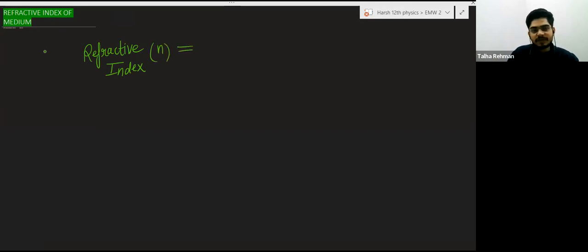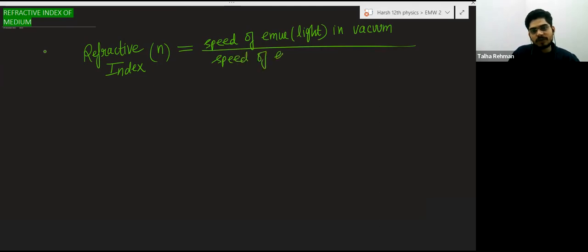Refractive index is given by the speed of electromagnetic wave or light in vacuum, or free space or air, divided by the speed of electromagnetic wave or light in the medium for which we are calculating the refractive index.